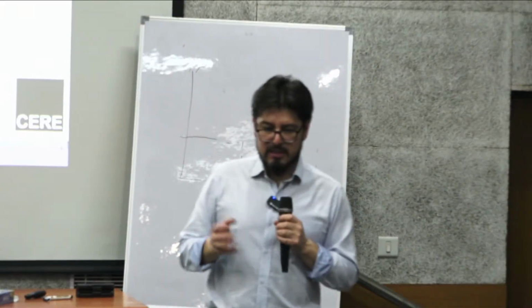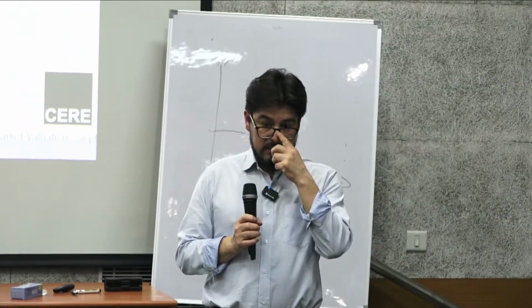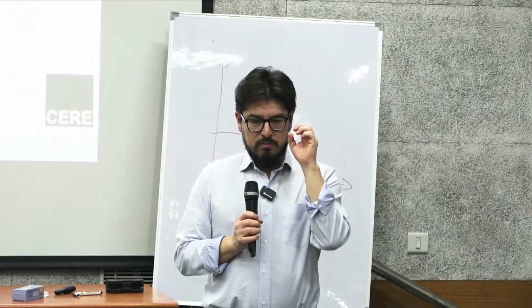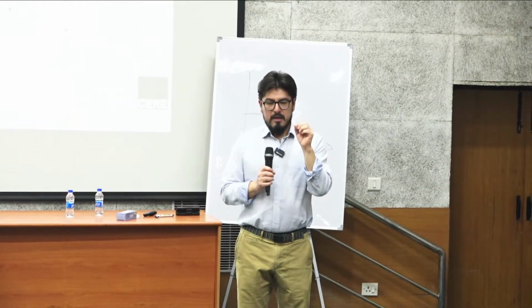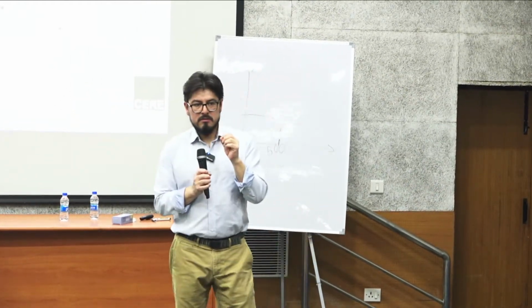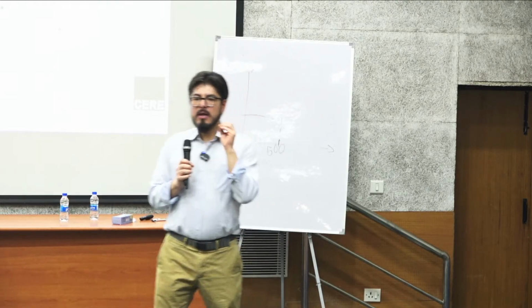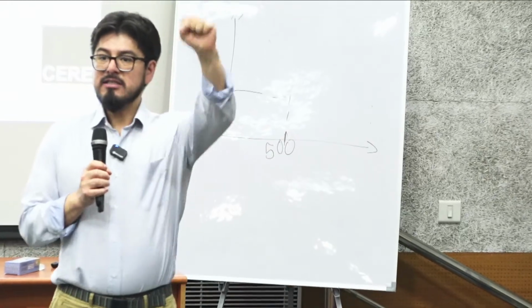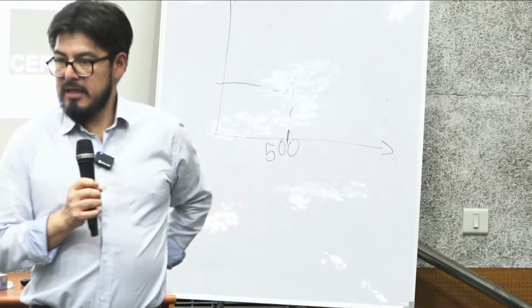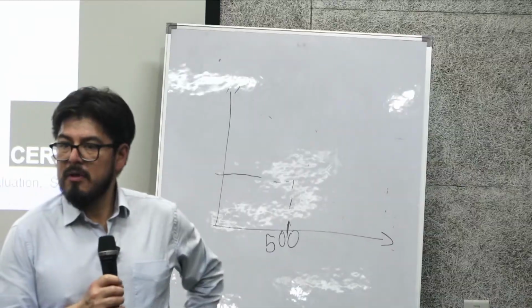Actually, I am glad that you are asking me this question because I want to take advantage to make some conceptual distinctions. One of those is the following. Imagine that everyone says to that value, yes, I will be willing to pay that value for afforestation.